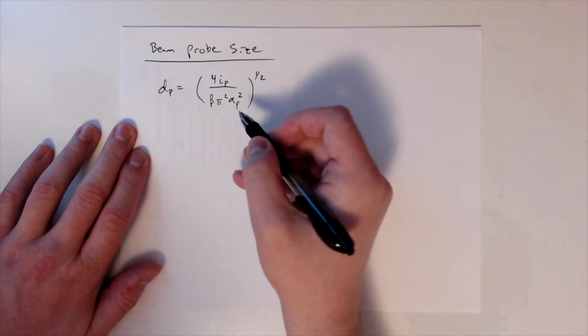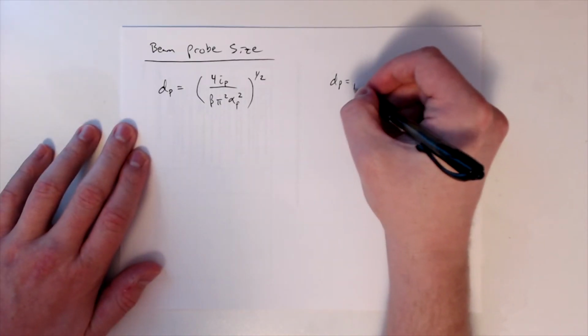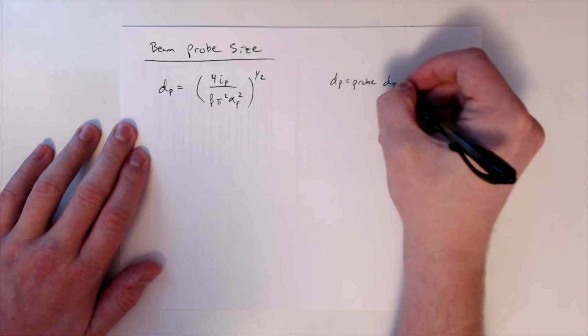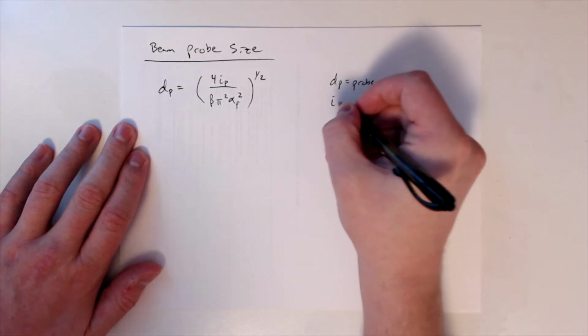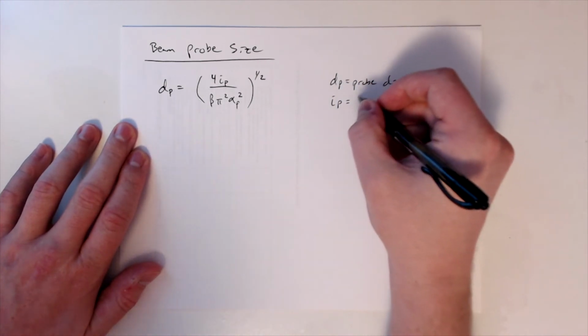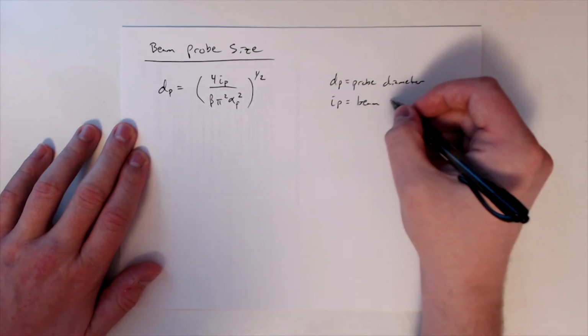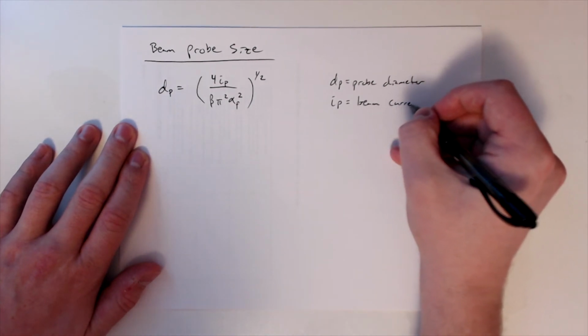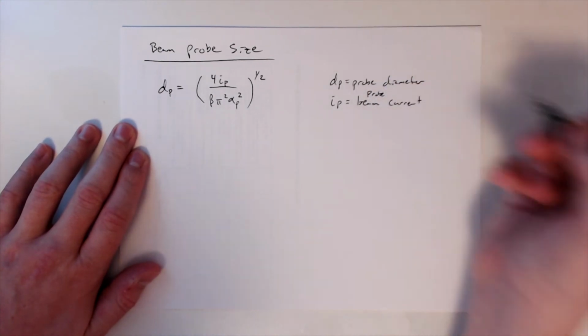So just to go over some of this, again, this is the probe diameter. I sub p is the beam current, or the probe current, however you want to refer to it, probe or beam current.